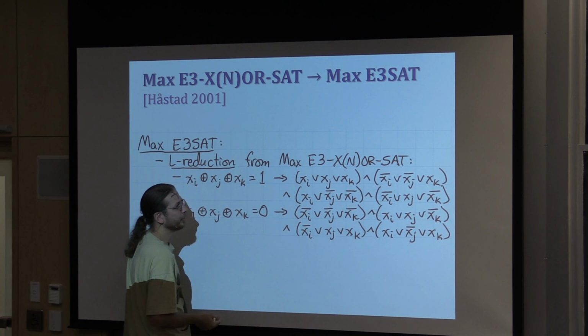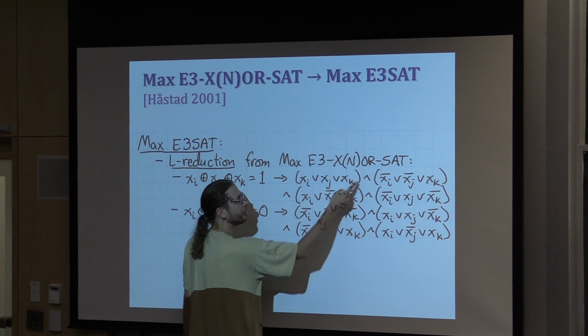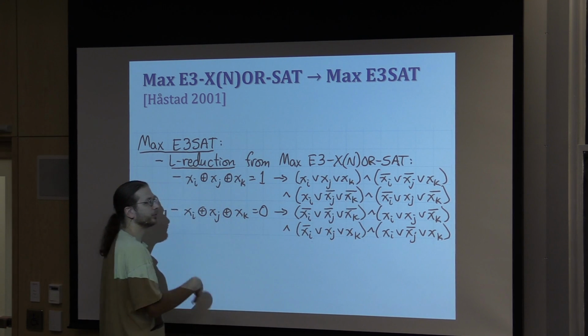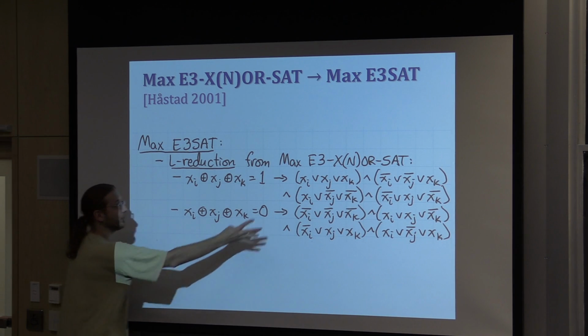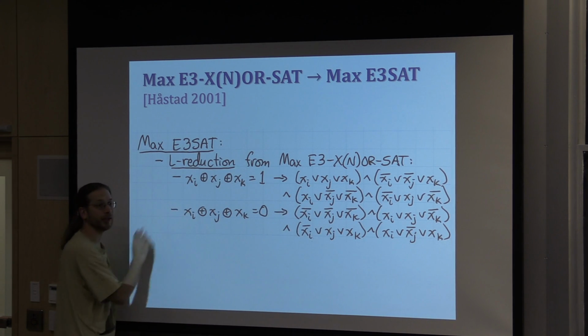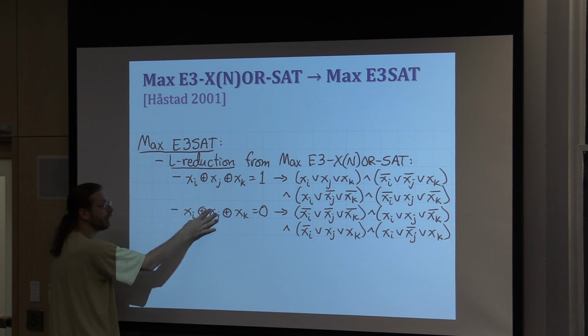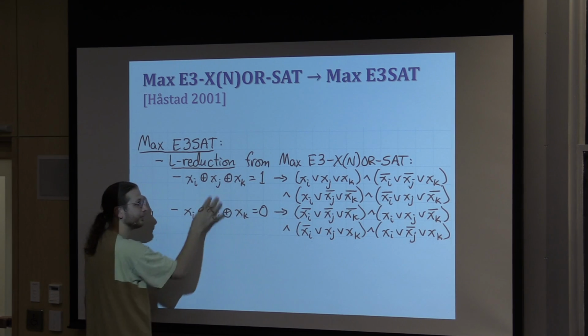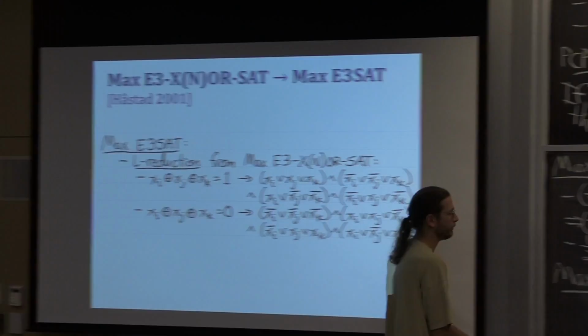In general, because xi appears true and false in different cases, you will satisfy 3 out of 4 on the right when you don't satisfy on the left. So the difference is 3 versus 4. When these are satisfied, you satisfy 4 on the right. When they're unsatisfied, you satisfy 3 on the right. That's all I'm claiming.